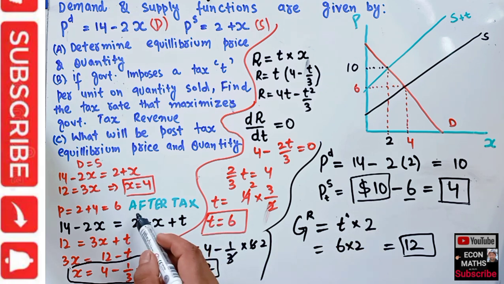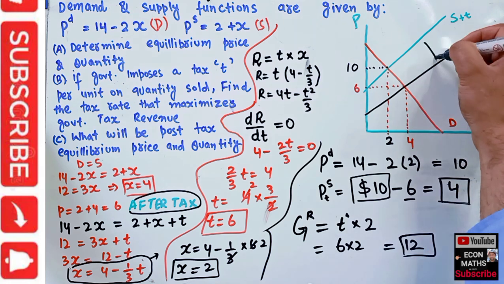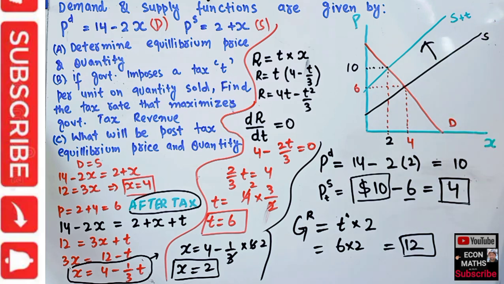Okay, so when the government imposes a tax T, this black line is the initial equilibrium and this red line denotes the equilibrium after the imposition of tax. Obviously this supply function will shift towards the left because the marginal cost of the firm will increase.